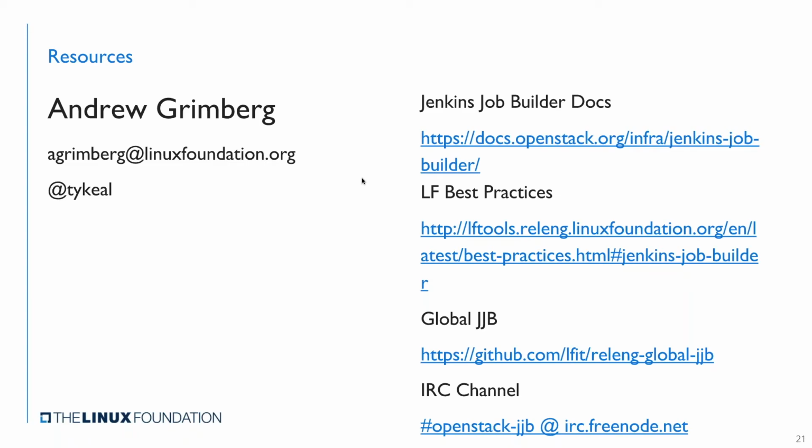The easiest channel to find myself or other release engineers would be on Freenode. We have a release engineering channel there. It's #lf-releng. You'll find us in there. We're on several other channels as well, but we're trying to consolidate a lot of the JJB knowledge from all of our projects to a single channel.